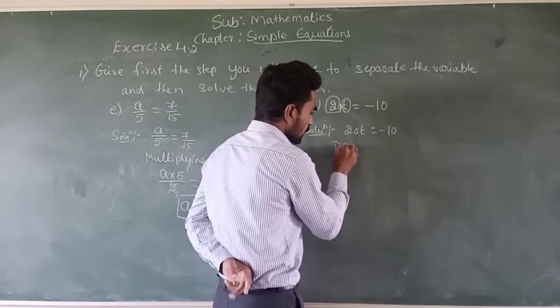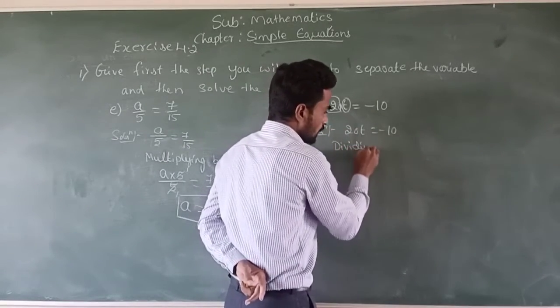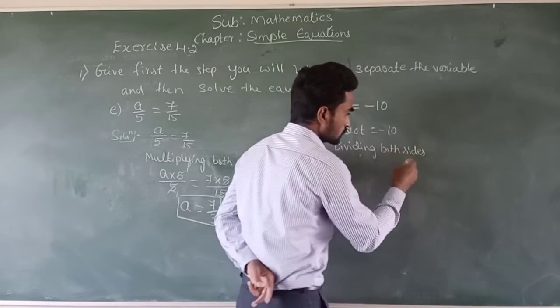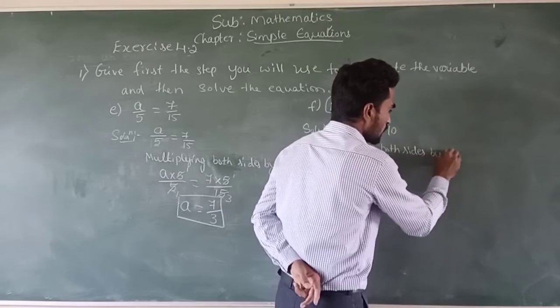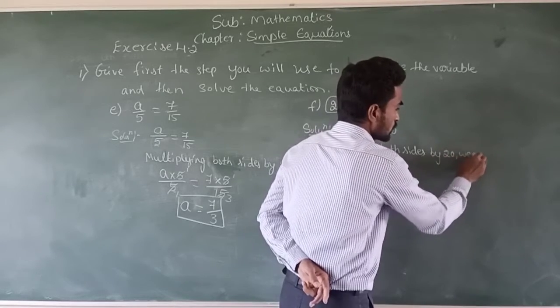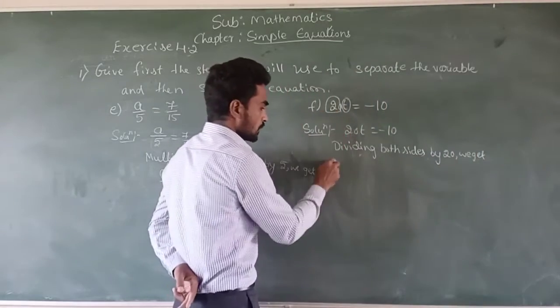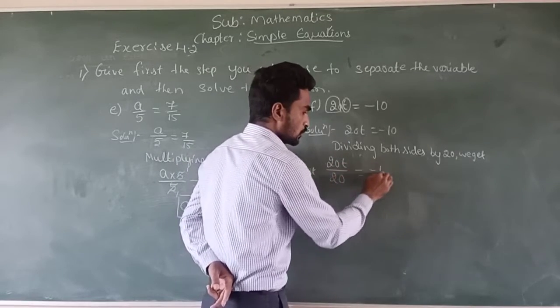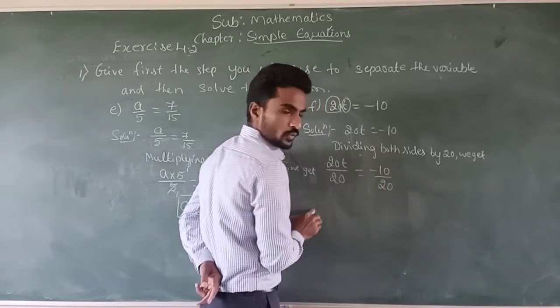Then dividing both sides by 20, we get 20t divided by 20, that is equal to minus 10 divided by 20.